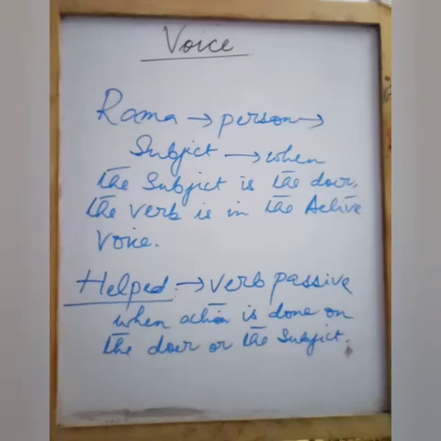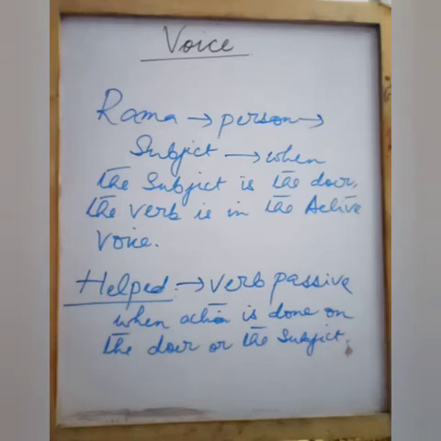So let's go through once again. When we say Rama helps Hari, it means what? The form of the verb shows that the person denoted by the subject does something. Fine. We had written two sentences, isn't it? In the first sentence, what had we said? We had said that Rama helps Hari. So in that sentence, the form of the verb shows that the person denoted by the subject does something.